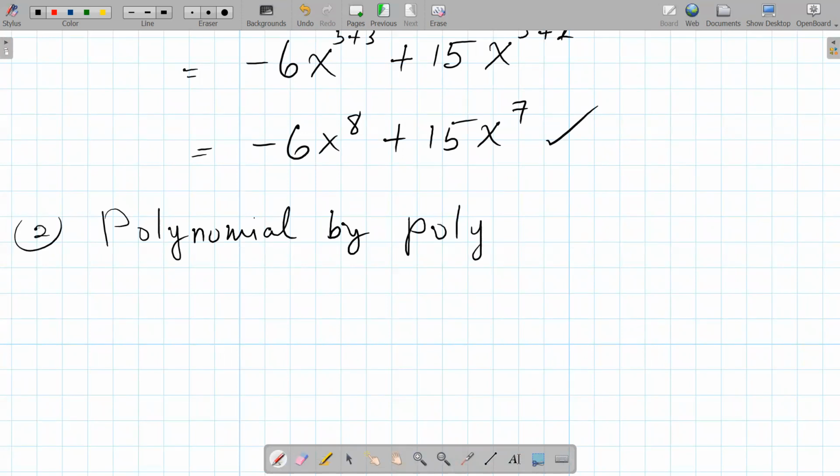So this is the second one. We still distribute one polynomial over the other. It's the same preamble. Okay, so I'm just going to go ahead and do some examples.